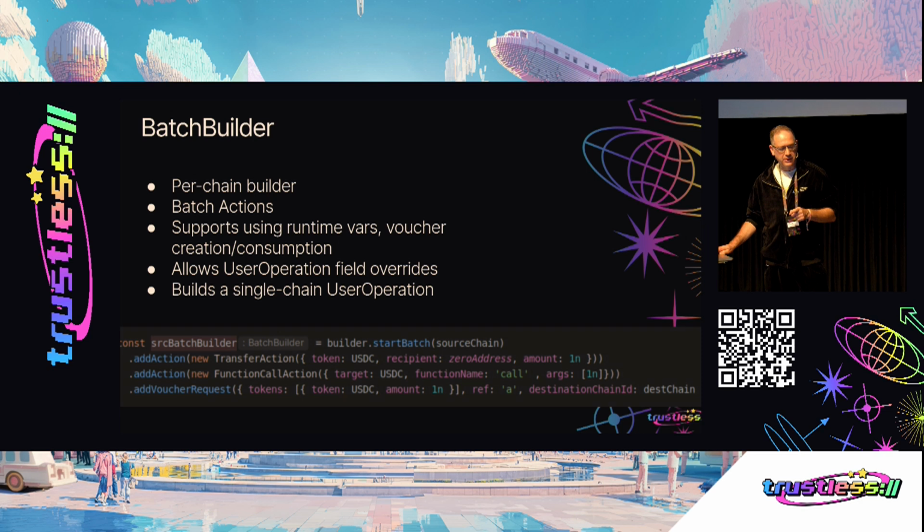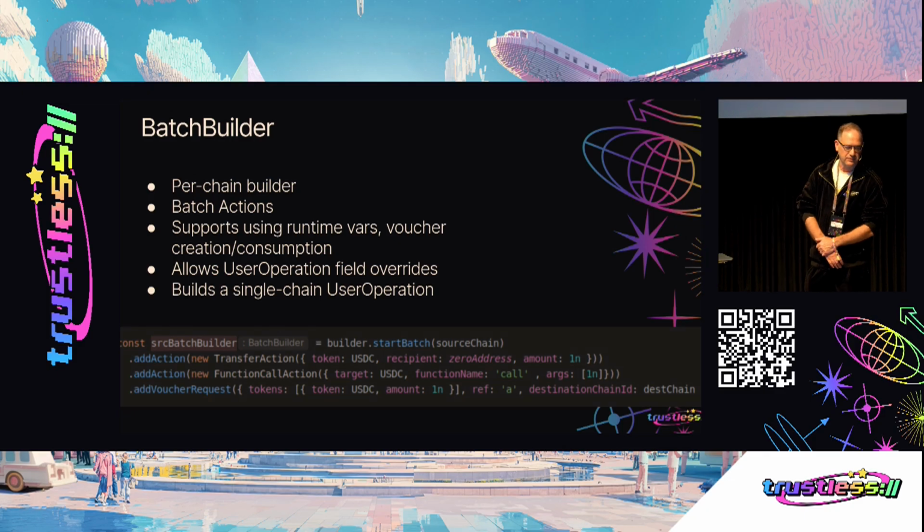I'm not sure we're going to talk about it now, but we don't have an example in this code snippet. As you can see in the third point, we support runtime vals. Runtime vals are for when you don't know how much you want to send.